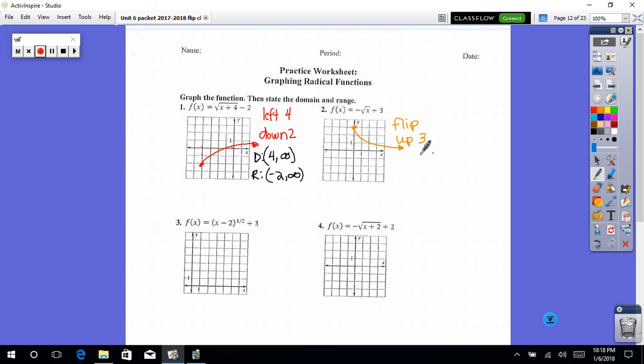My domain, because I didn't go left and right, didn't change from a normal square root. So the domain is what a normal square root is, 0 to infinity. Remember, range is bottom to top, so the lowest I get is negative infinity, because I'm going down, and the highest I can get is positive 3.